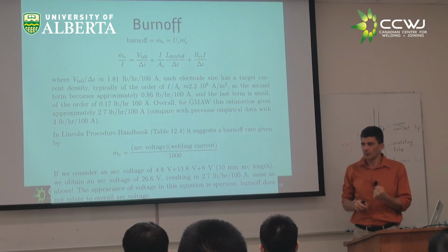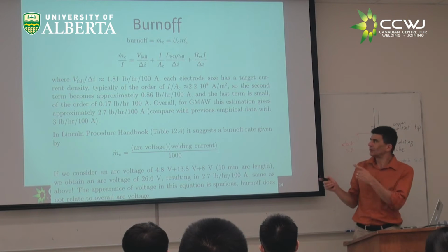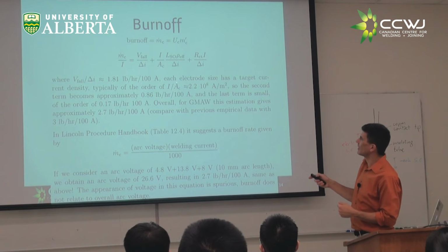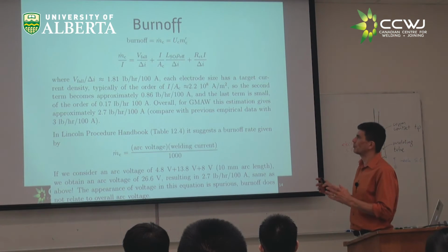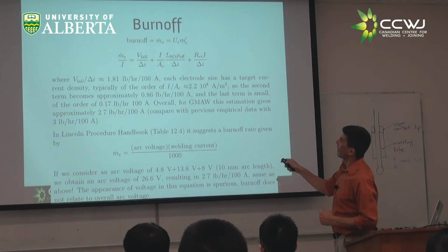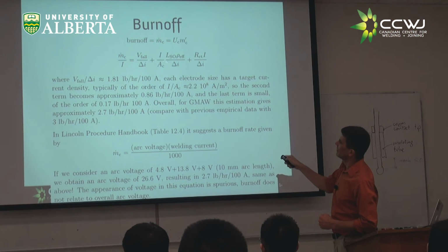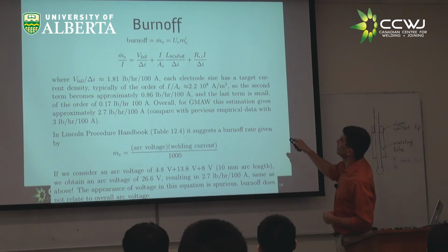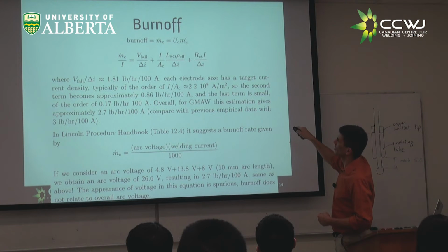You can if you want. For reasons I don't know, you never want. You stay close to this type of 220 amps per square millimeter. So this is more or less constant. So all this is more or less constant. Here we have resistivity of the contact tip times current and the reference enthalpy. This is not constant. That depends on current.